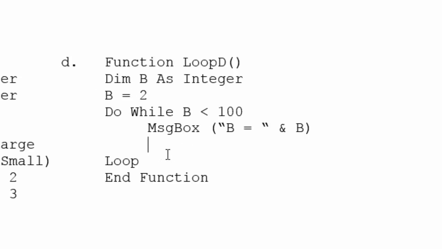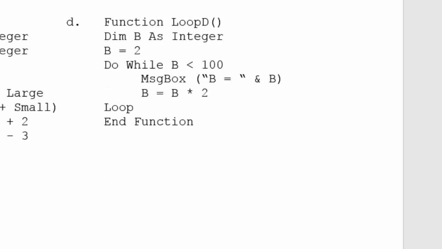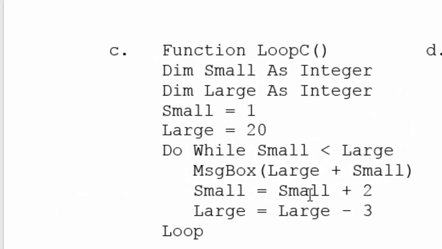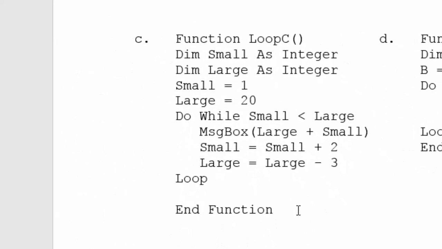If the update doesn't happen here, this loop will continuously print b equals 2, b equals 2, and it will do that until we figure out some way to manually stop the loop. This loop would be an infinite loop. Take a look over here and see if you can tell which variable is the LCV. You're right.